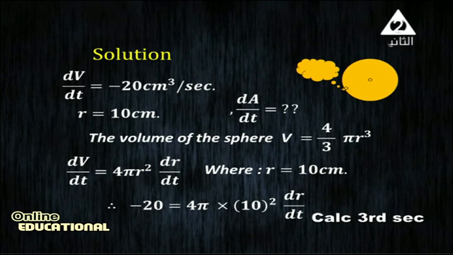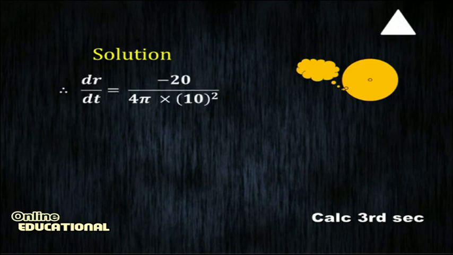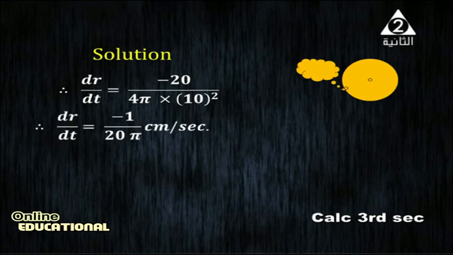Then the rate of change of the radius length dr/dt equals negative 20 over 4π times 100, and we can write this relation in the form negative 1/(20π) centimeter per second. Now we have the rate of change of the radius with respect to time, or dr/dt.